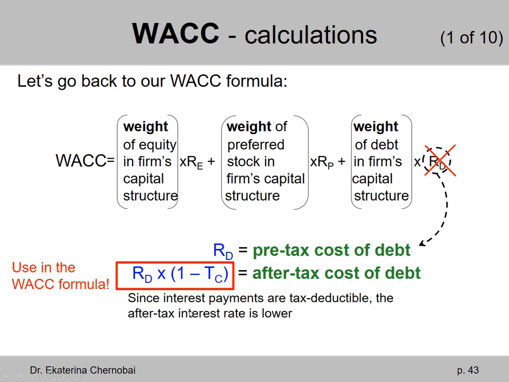And effectively, when you get a tax break for a huge portion of your expenses, the interest rate on debt becomes smaller. And RD multiplied by 1 minus TC is exactly the correct, or effective, cost of debt to the firm when the tax deductibility of interest payments is considered.